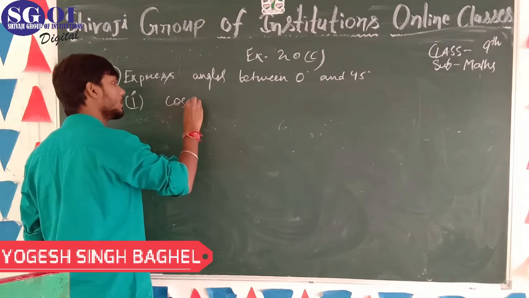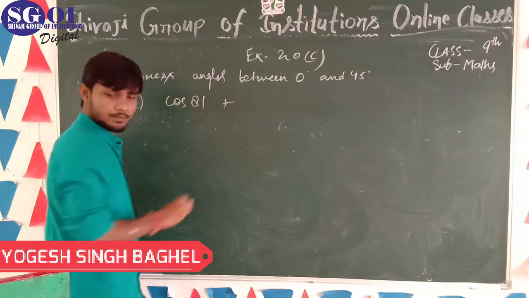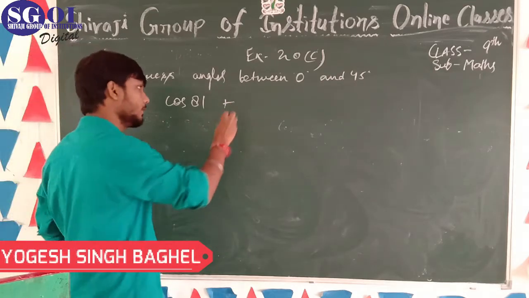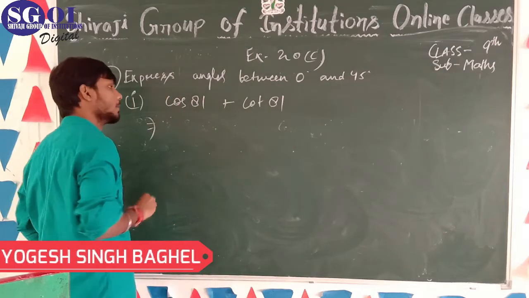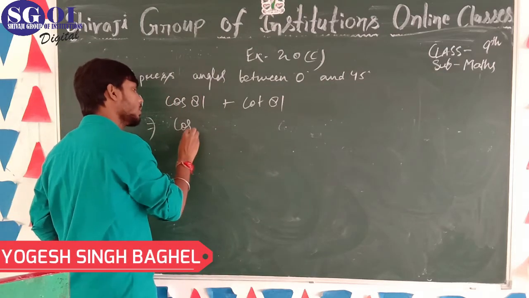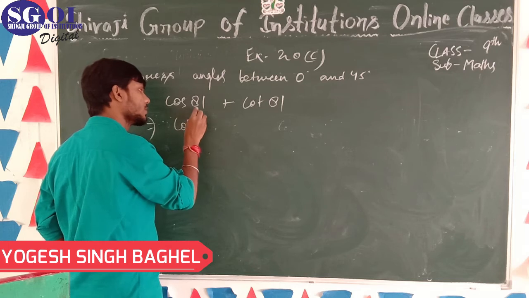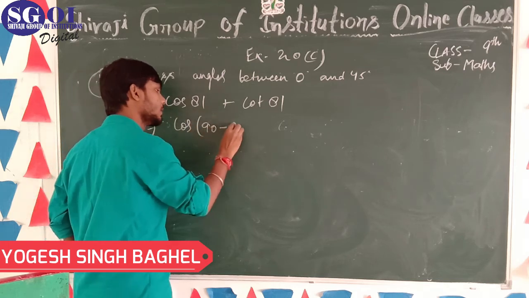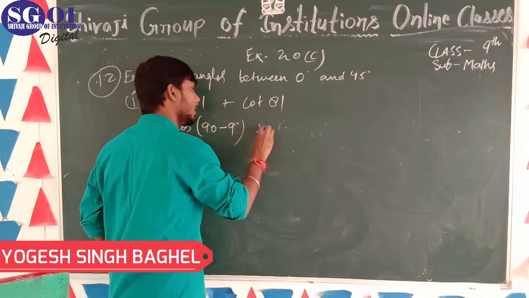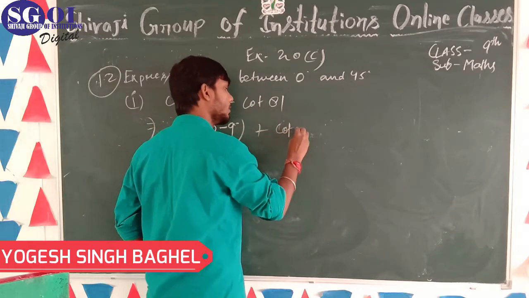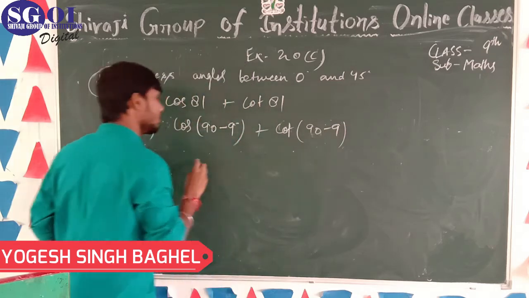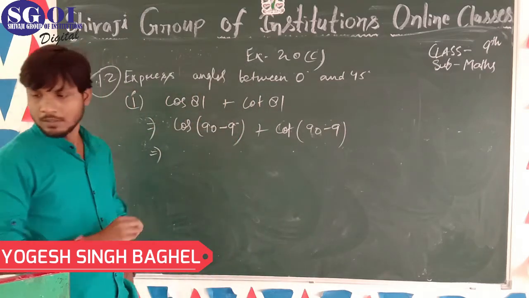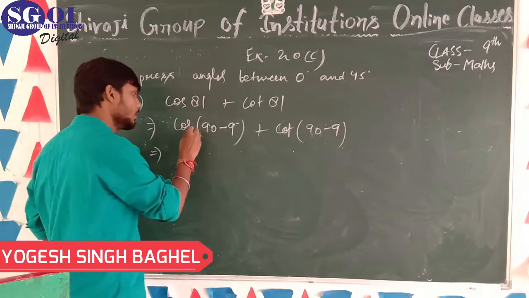Cos 81 plus cot 81. So using the complementary relation, in place of 81 we can write 90 minus 9, in cos 81 and also in cot 81. So students, what will come?